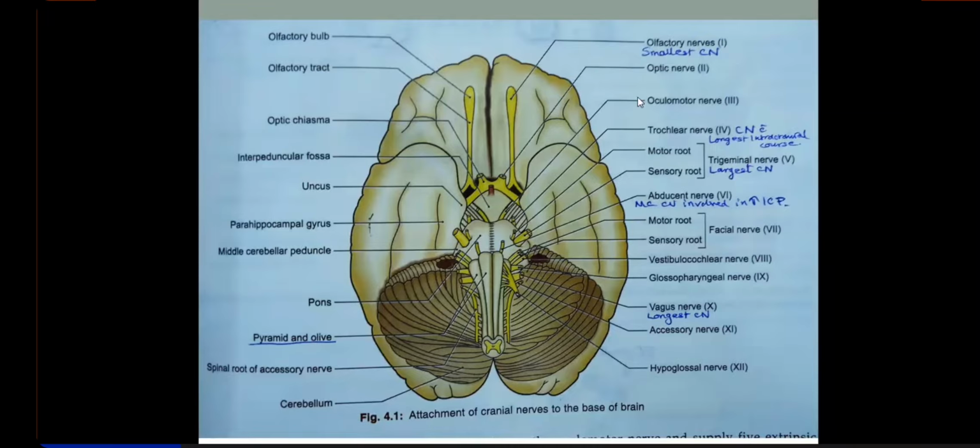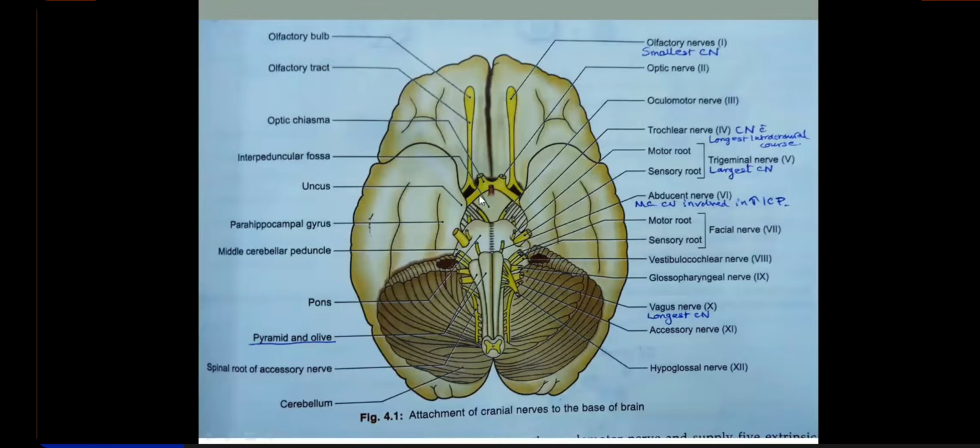By the way, you are seeing here that this one is the olfactory nerve, on the inferior surface of the frontal lobe. Then you have this optic nerve.